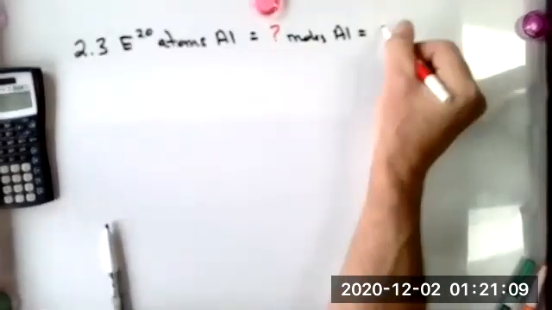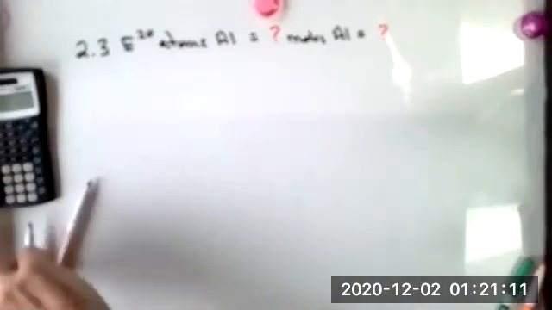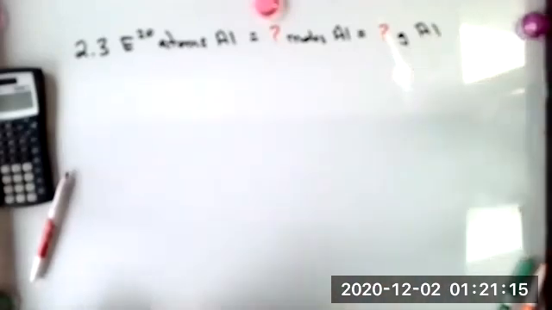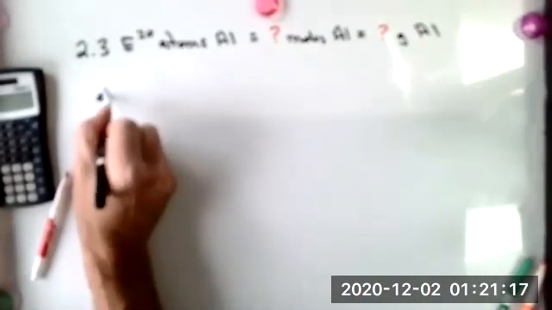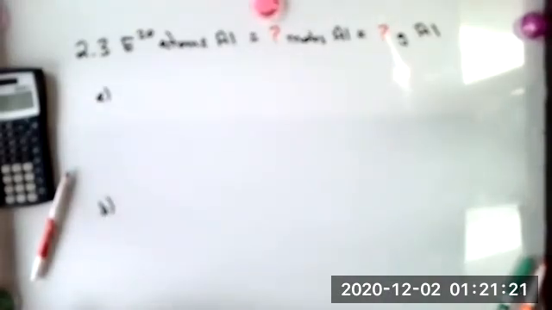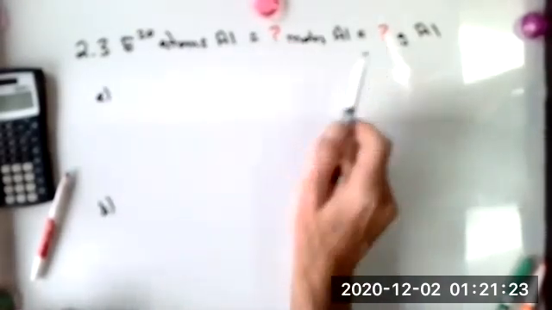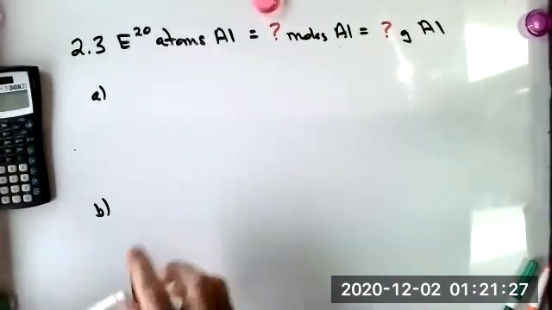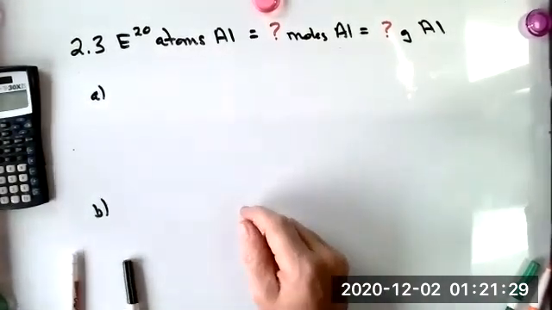And it'd be wonderful if you could calculate the grams of aluminum. So, go. Give me an A. Give me a B. I want those answers. I want you to build me some bridges and get the answer.